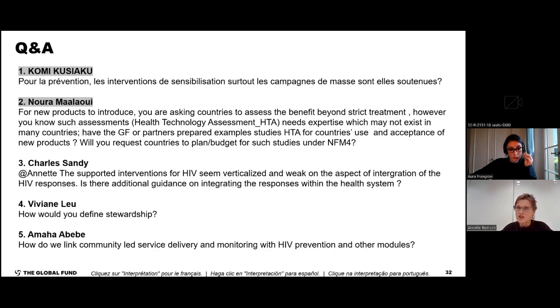The supported interventions for HIV seem verticalized and weak on the aspect of integration of HIV responses. Is there additional guidance on integrating the responses within the health system? So first of all, the information note is not a technical guidance document. We are compiling the most high-impact interventions that are recommended by our technical partners.